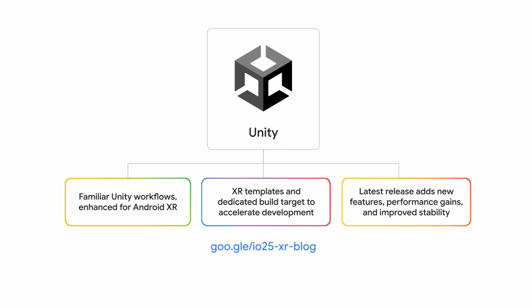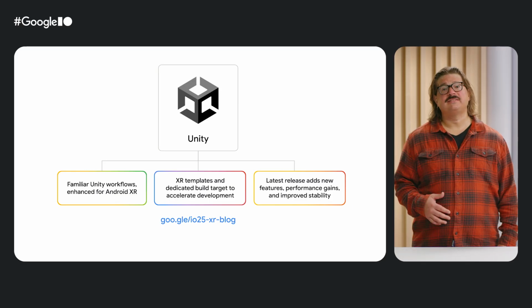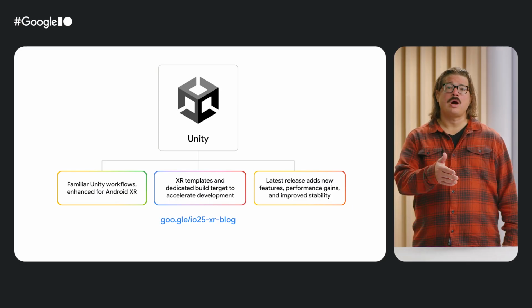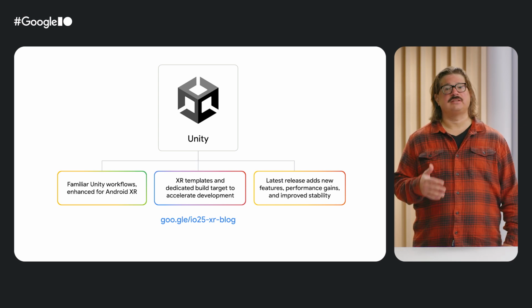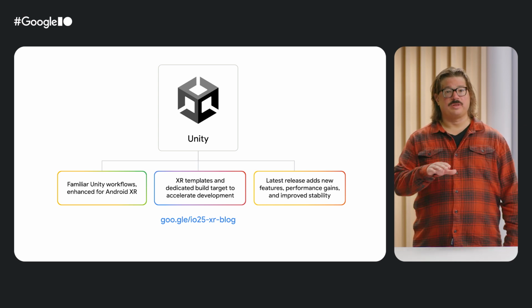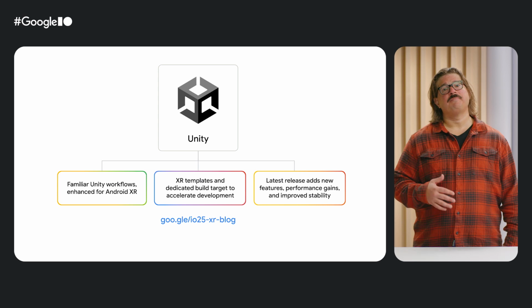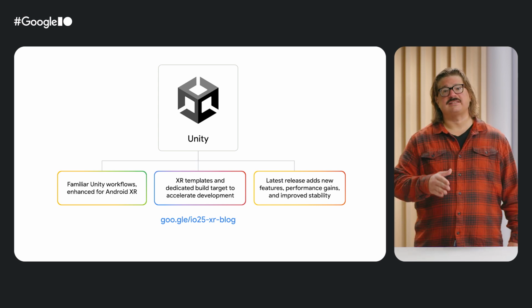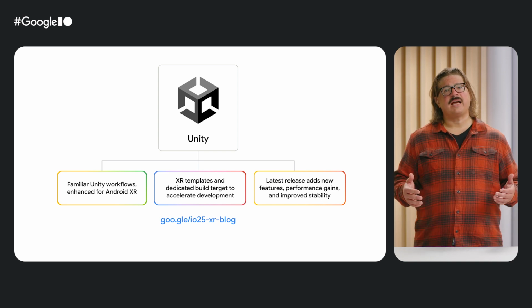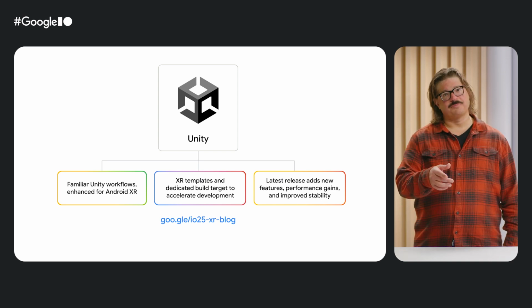With each release, Unity continues to expand what's possible on Android XR, adding new capabilities, improving performance, and enhancing stability across the stack. Developers can take advantage of features like URP application space warp and eye-gaze foveated rendering to deliver high-quality visuals with better performance. Plus, XR templates and a dedicated Android XR build target to get started faster. Check out the Android XR blog post to learn more.